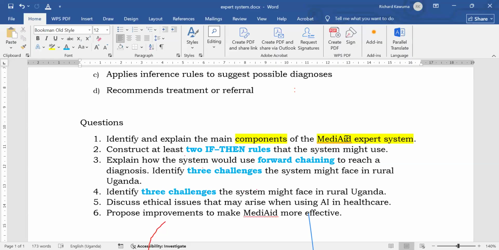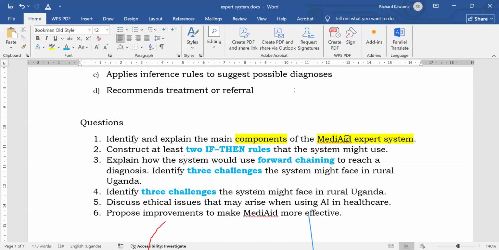So I took you back to the slides and we looked at that diagram which has the software solution components. And we said those components are knowledge base, then the inference engine, user interface. So those components, now we are trying to break down these components because the question says identify and explain.